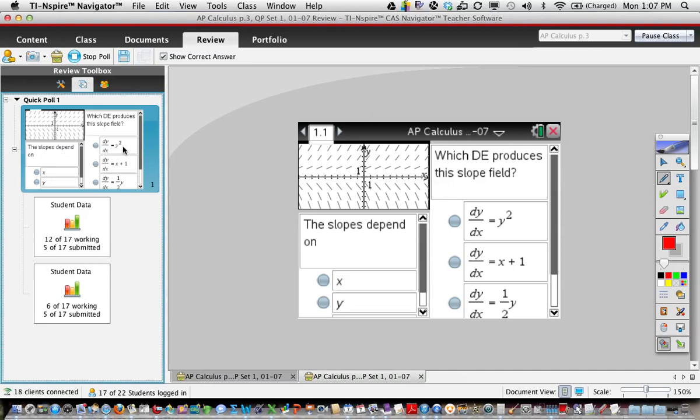Don't forget to submit under quick poll after you've answered both of them.